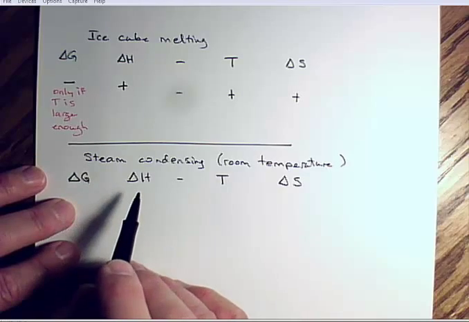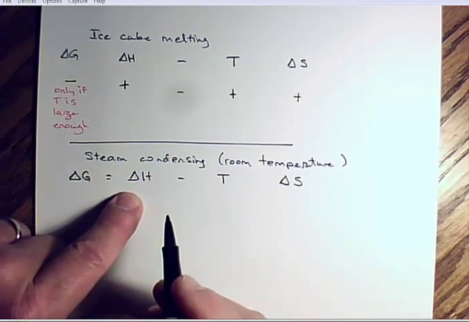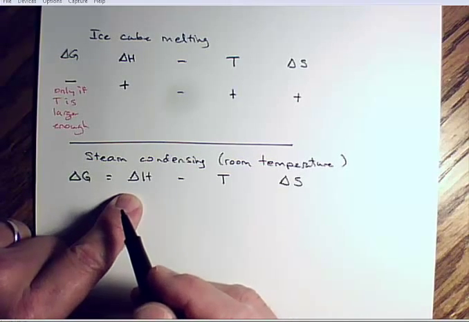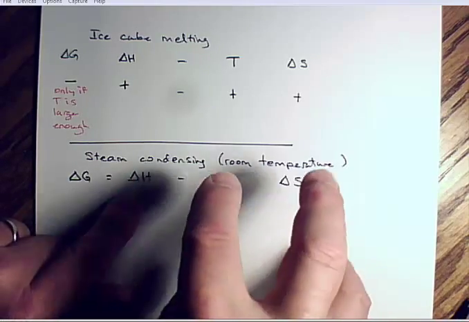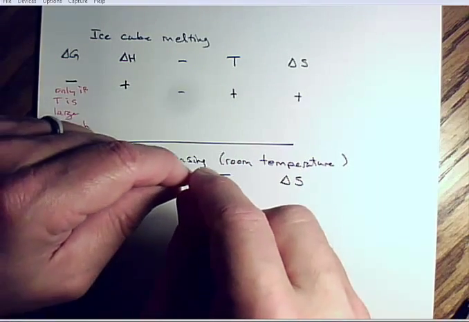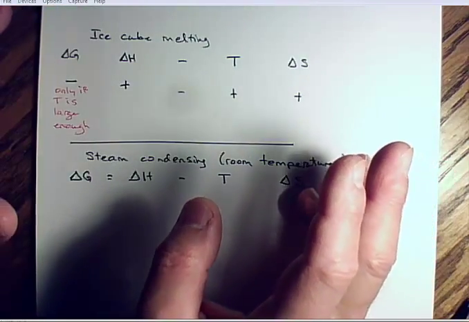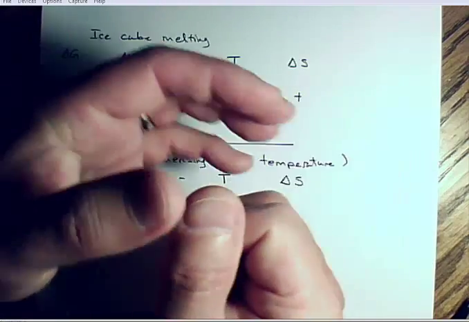What about the delta H term? Is it going to be a positive or negative term? As you condense the steam, remember steam is gas particles, and the water molecules are spread way apart in a gas. When it becomes a liquid, they're touching, but still moving around each other.